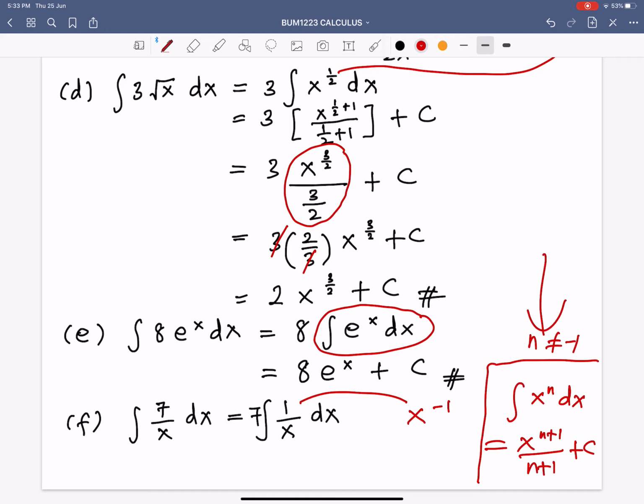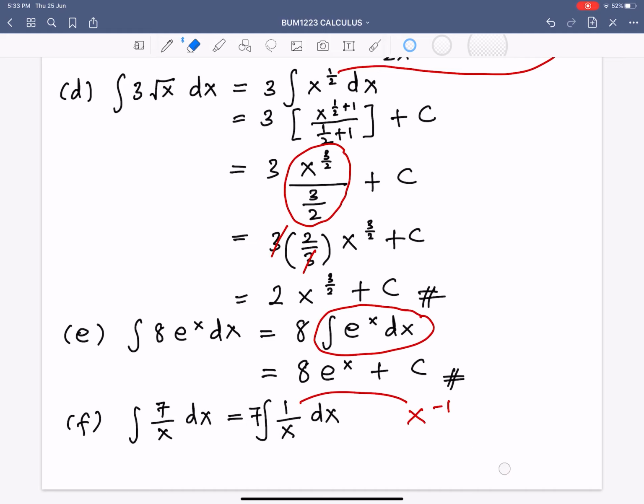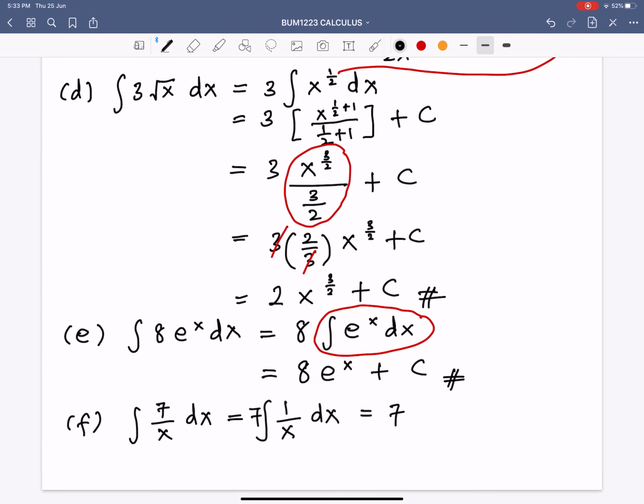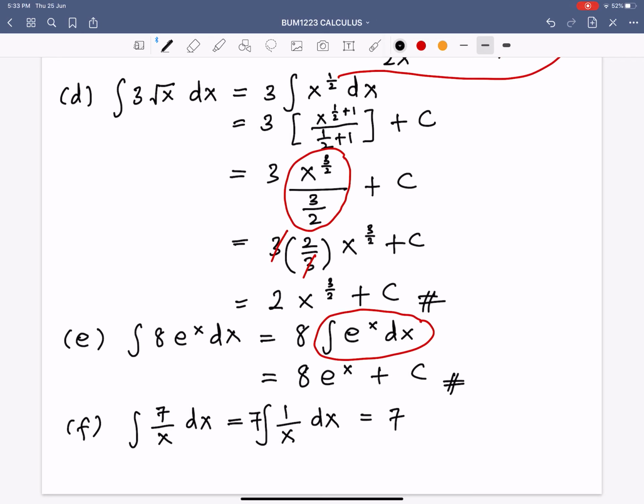In this case, I'll erase this first so that you won't get confused. So this is equal to 7. Since we know that the integration of 1 over x dx is ln modulus x plus c, therefore the answer is 7 times ln modulus x plus c.